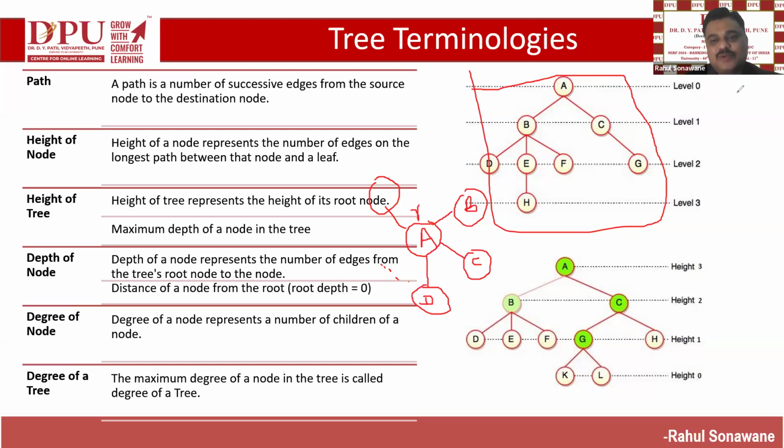Suppose there are 8 pieces of information, from A to H. There are 8 different data that we wish to organize.